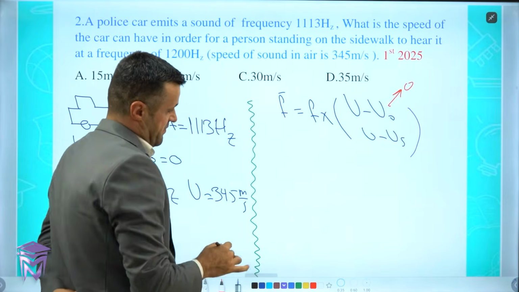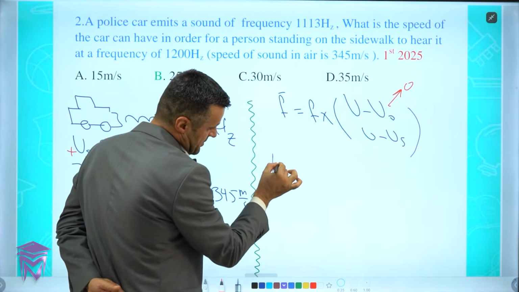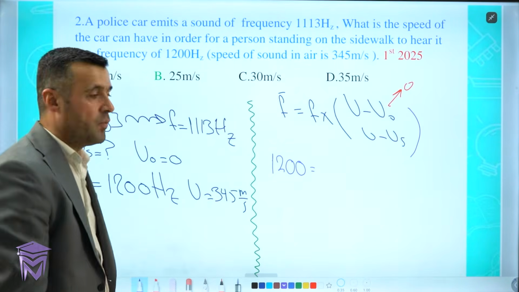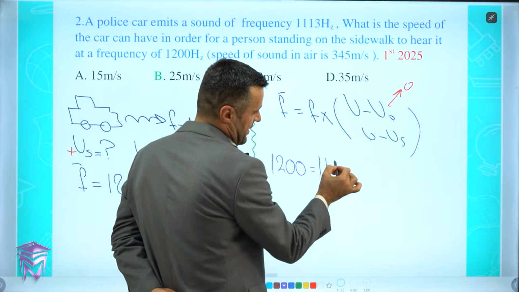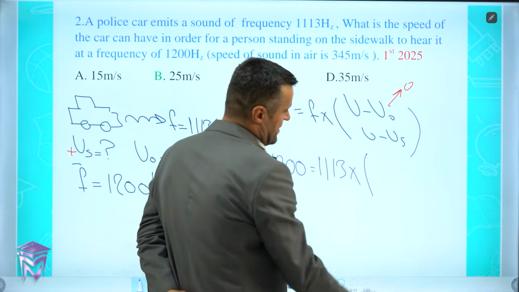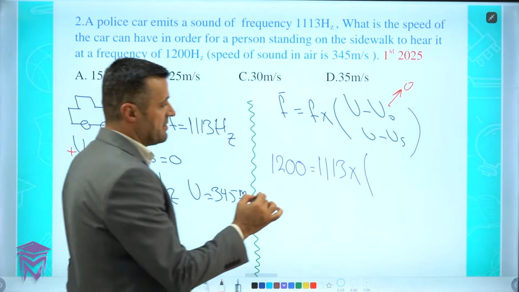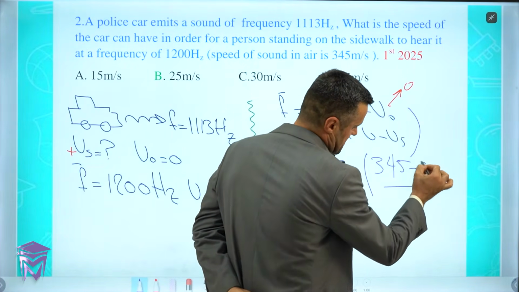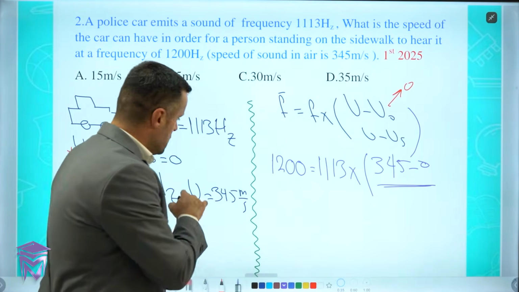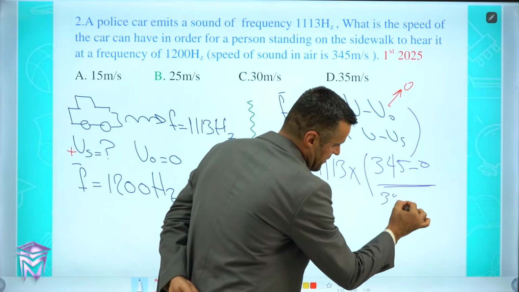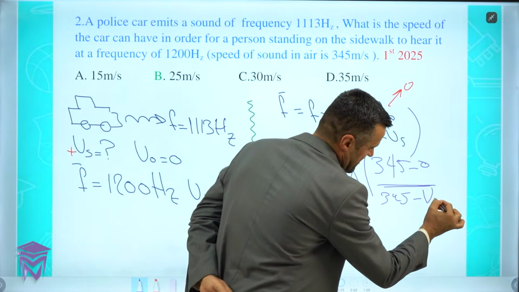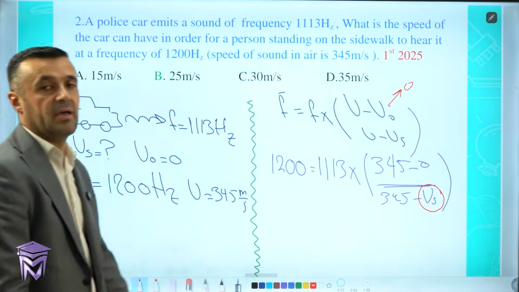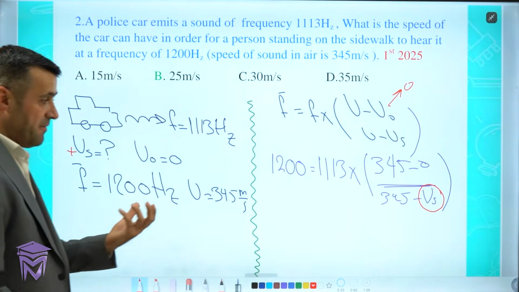F dash equals 1200, and F equals 1130, times the speed of sound in air, 345 minus 0, over 345 minus Vs. Vs is unknown, so how can we find it?